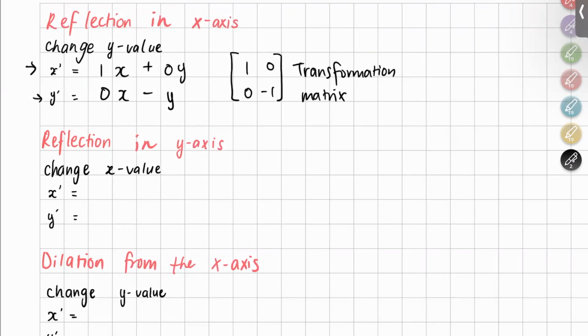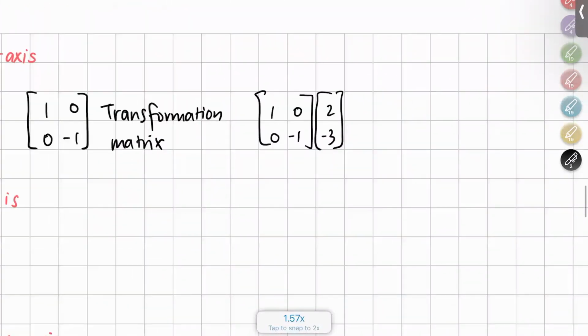And what you can do is, if you want to change a coordinate by reflecting it in the x-axis, all you have to do is plop this transformation matrix in front of the value that you want to change, or the coordinate that you want to change. So I have 2, negative 3. And if you multiply it out, what you get is the image coordinate. So once again, row by column, this should be very easy. It's just 1 times 2 plus 0 times negative 3.